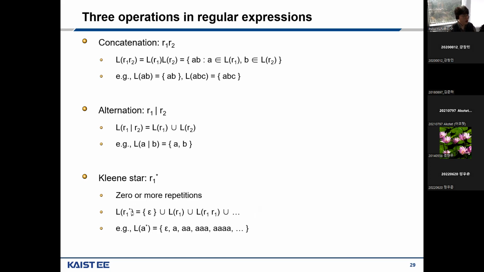So if we say L(R1 star), it contains epsilon, which means 0 repetition, and it is the union with L(R1), and the union of L(R1 R1), and the union of L(R1 R1 R1), and it would be repeated infinitely. So if we say L(A star), then the matching set would contain epsilon, A, AA, AAA, and so on.